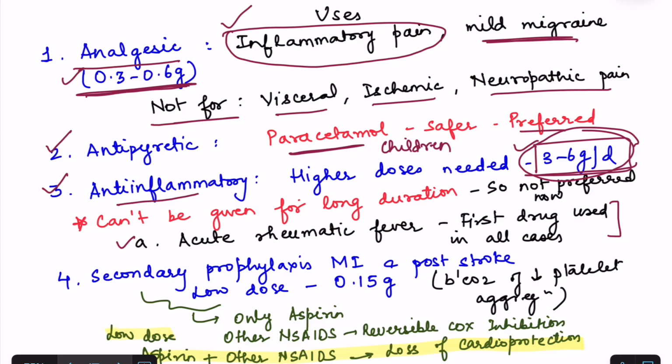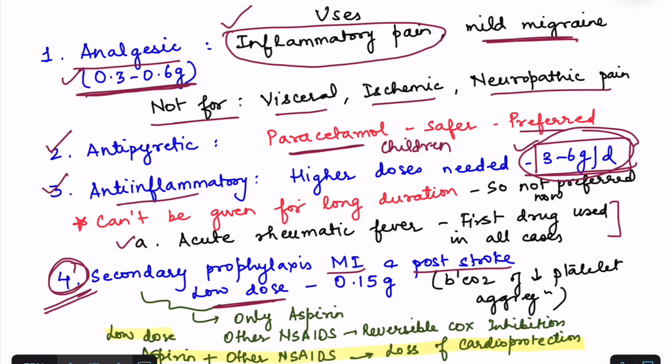Then very important, and this action is unique to aspirin, that it is used for secondary prophylaxis in myocardial infarction and post-stroke. So any cardiovascular events which occur, low dose aspirin is used. Why? Because of its unique action on irreversible inhibition of COX in platelets.